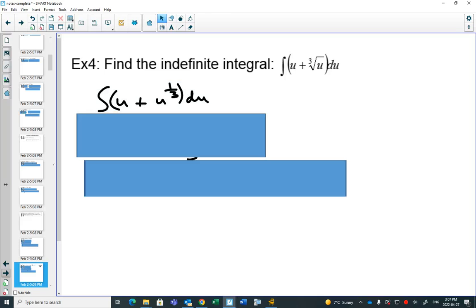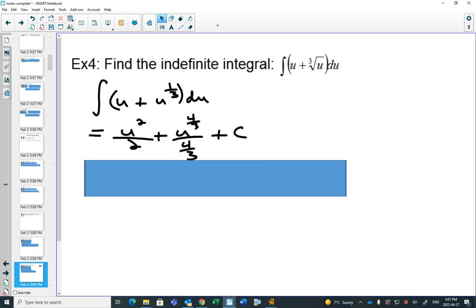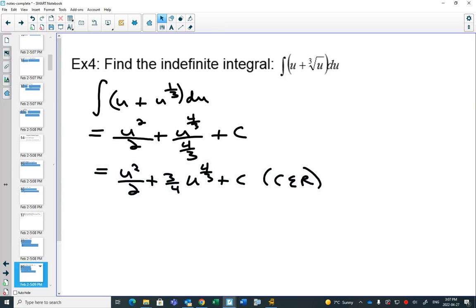Did you change the cube root to 1/3? And then add 1 to the exponent and divide. So here you have a fraction within a fraction, so then you can multiply by the reciprocal to simplify it.